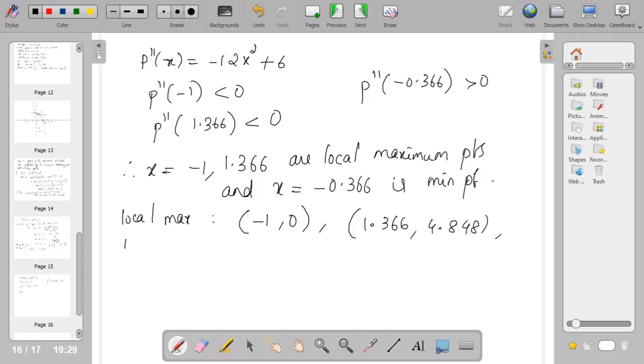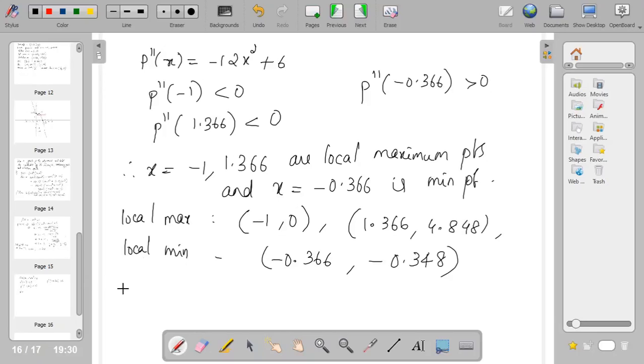So that is a local maximum point. The local minimum is at minus 0.366, and the value is minus 0.348. So those are the coordinates of the maximum and minimum.